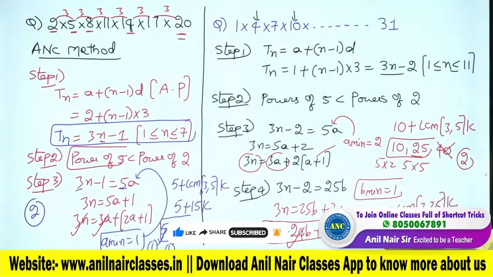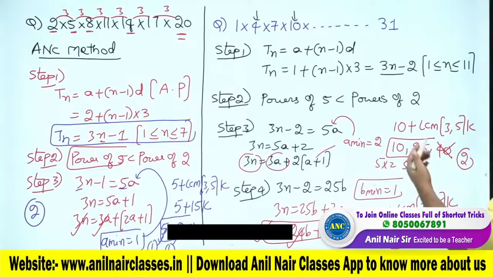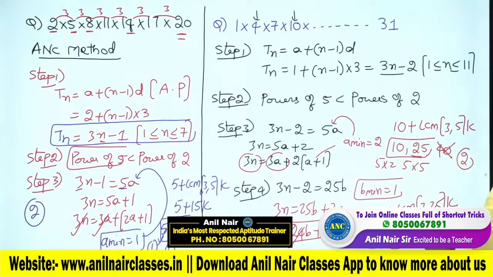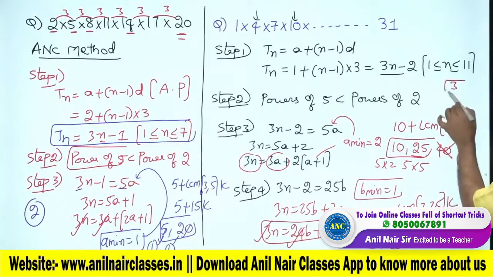K value 0, 25. K value 1, 75 plus 25, 100. 100 exceeds 31. So in 25, there is another power of 5. So 2 plus 1, the answer for this question is 3.